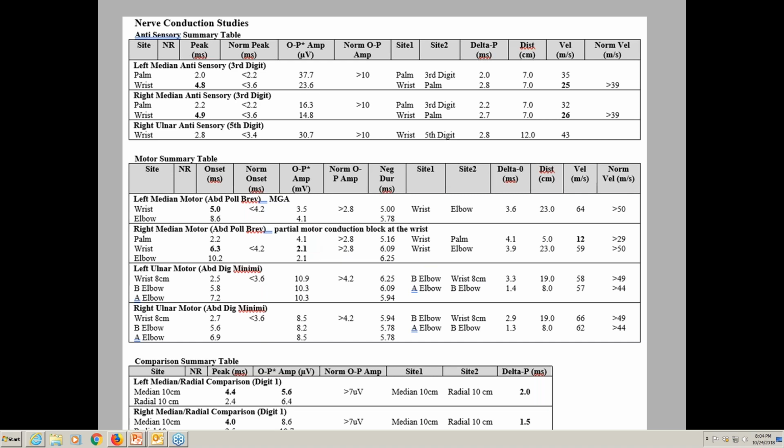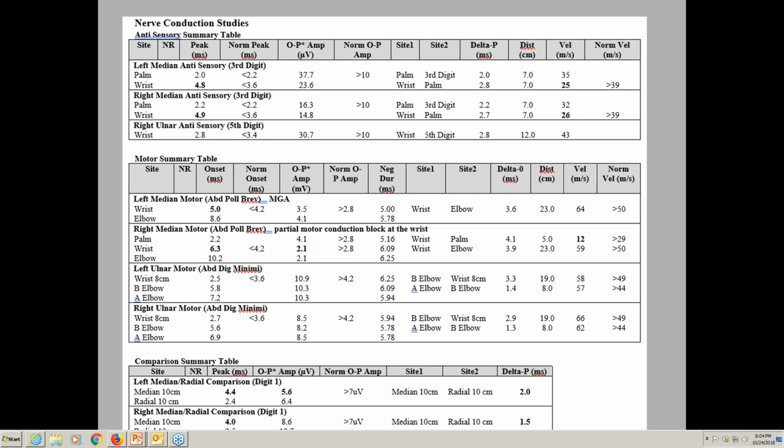Bilateral median motor nerves showed prolonged latency at the wrist, and right median motor showed partial conduction block across the wrist. I'm okay with that too.